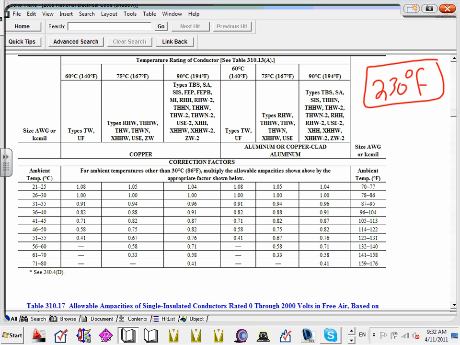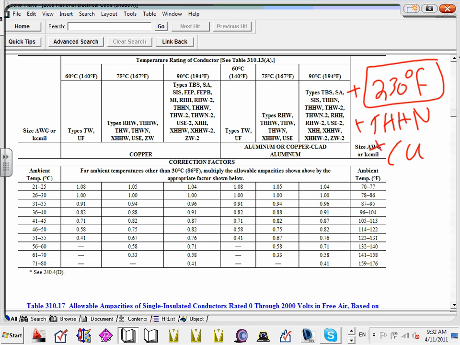The surrounding temperature, the normal surrounding temperature, or the adjusted one because of the height on the roof. At 230, I decided to use THHN, and I decided to use copper because I love copper and can't live without it. So let's find the derating factor based on these. I don't care about the size.